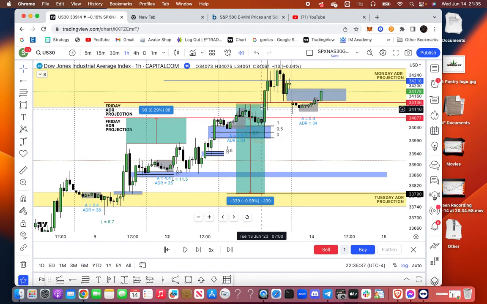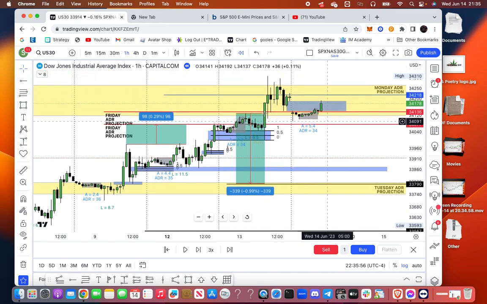If it came back and closed below that fair value gap, it might give you a retest. If it closed beneath here, this fair value gap has already been taken out. So you start aiming down here to the projection from when you originally looked at the market, right before it broke out.